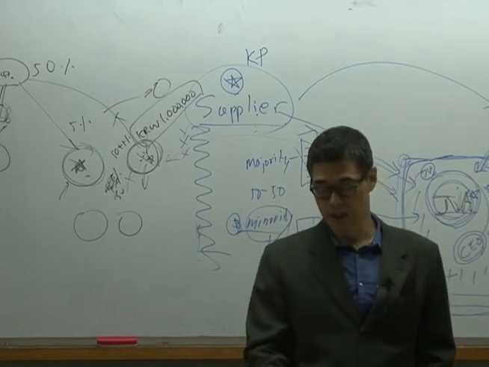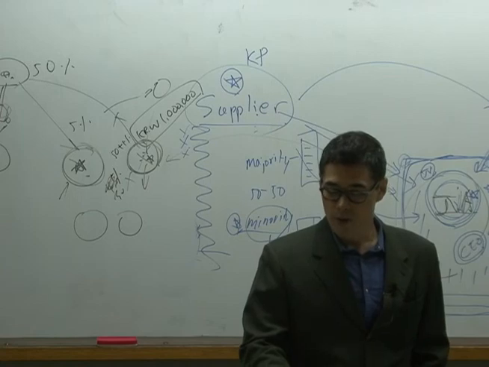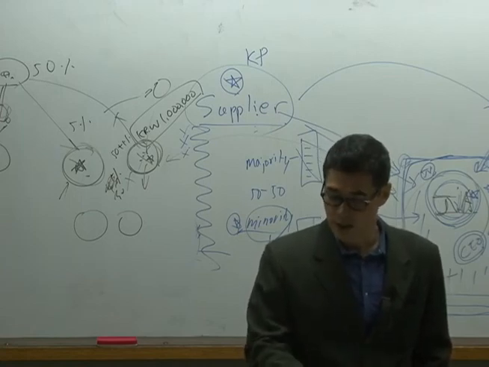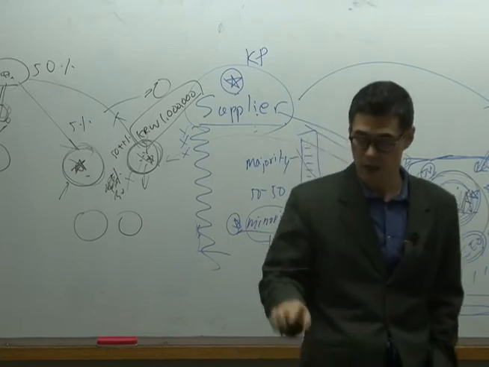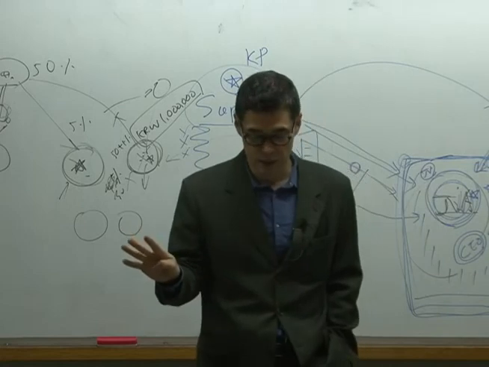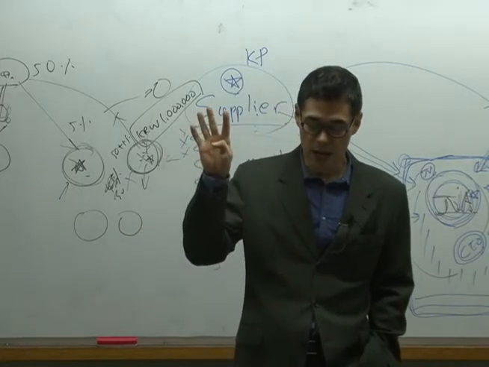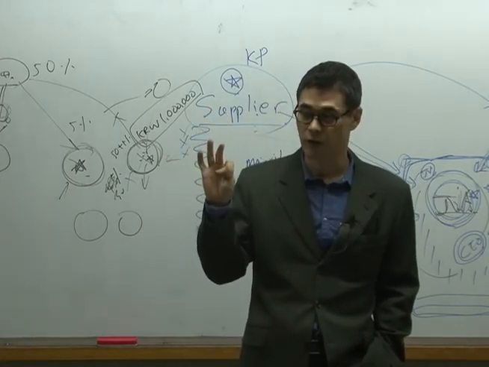Something called the legend. So, all certificates evidencing the share shall be imprinted with a legend that reads substantially as follows, right? This security is subject to the restriction on transfer as set forth in article something of Articles of Association.